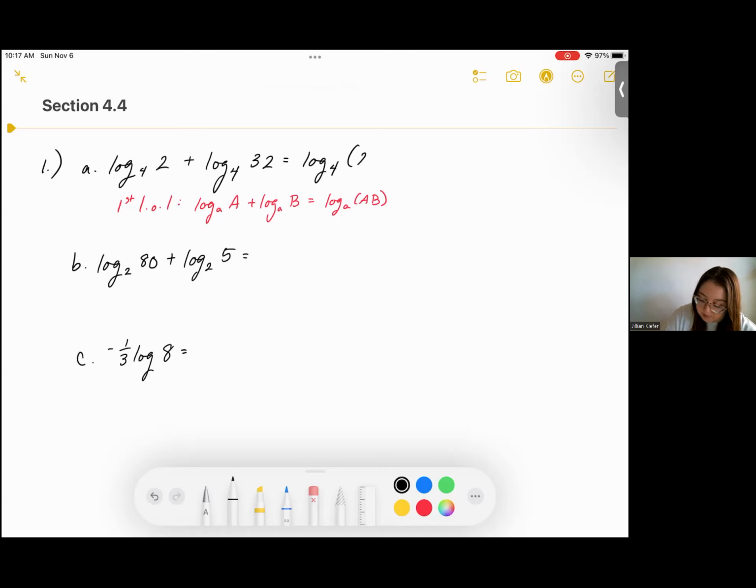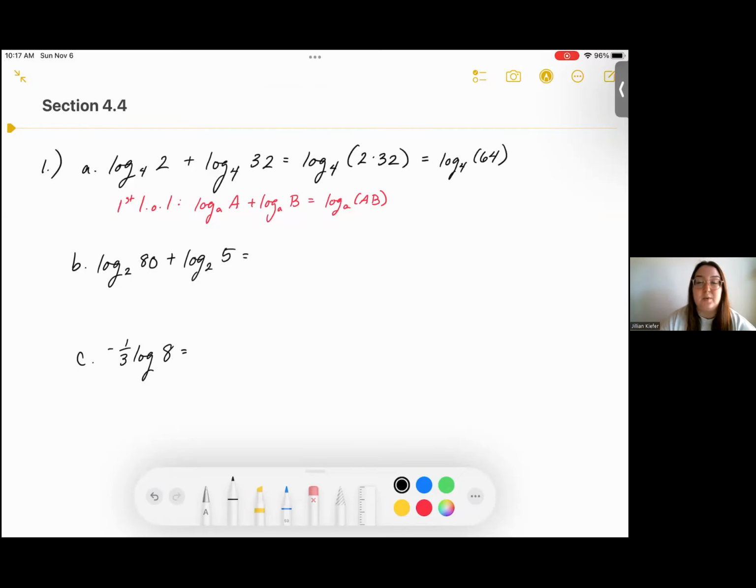So 2 times 32, which is 64. So we have log base 4 of 64.